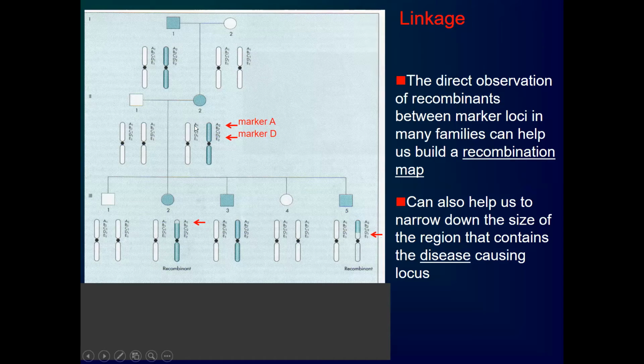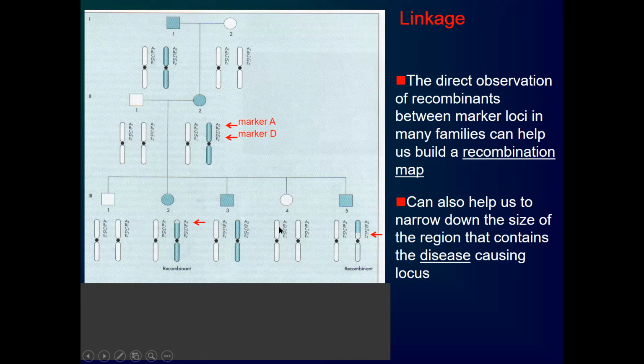So you could see that the affected individual in generation 2, individual number 2, we could see the genotypes for 5 markers, A, B, C, D, E, and this individual is heterozygous for all these 5 markers: A1, A2, B1, B2, C1, C2, D1, D2, E1, E2.